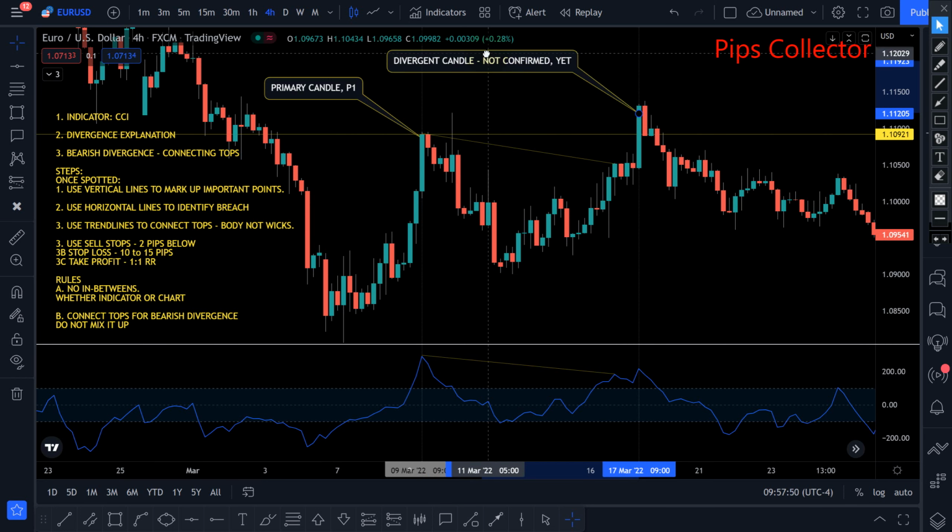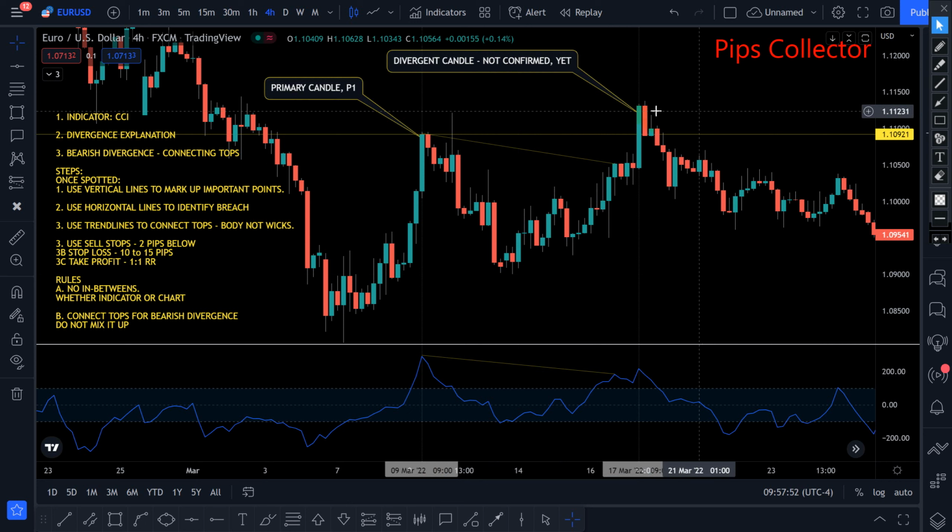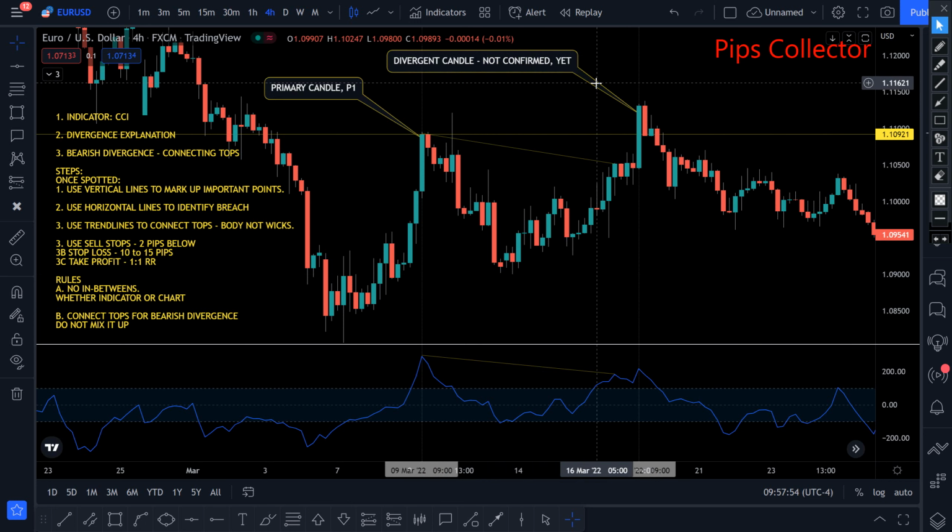Divergent candle, not confirmed yet. It's very important we stress this. Until we have this peak on the indicator, every divergent candle is not confirmed. The only thing that makes it confirmed is when the next candle opens and closes and there is a peak, this point here, this pin here, this bull's eye in the middle of this circle.